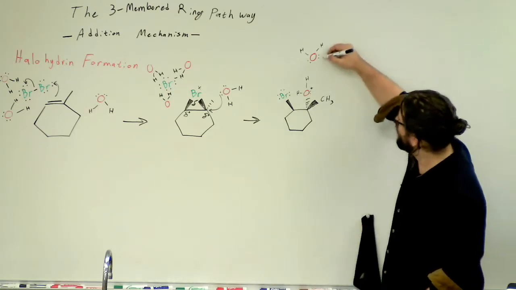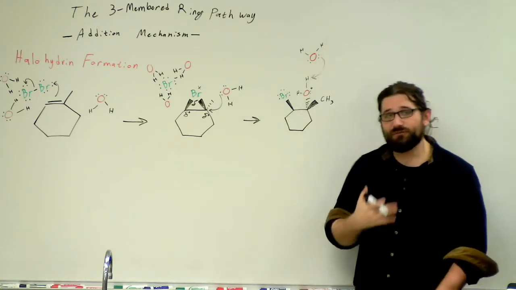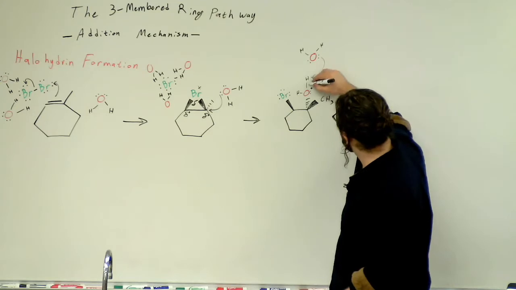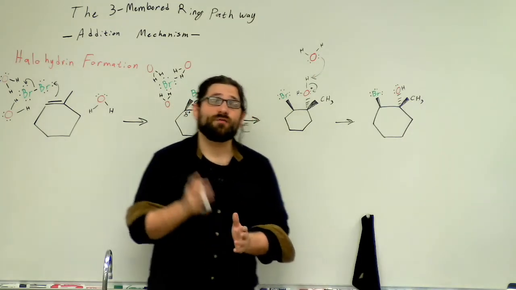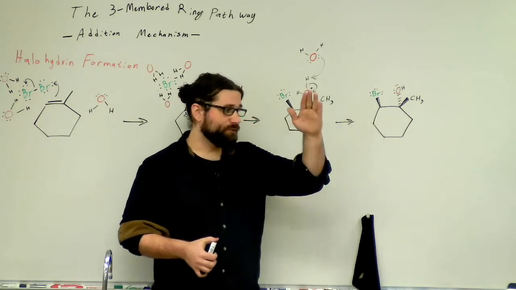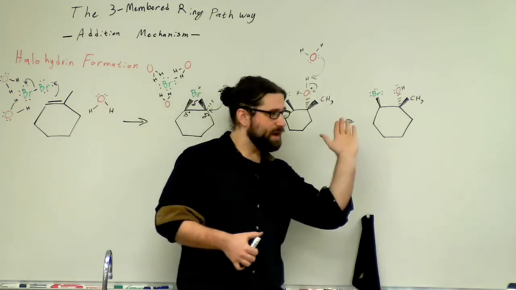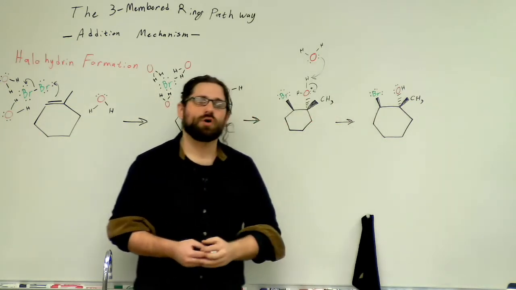And so another water molecule is going to come along, take away a hydrogen, and we're going to be left with an alcohol. So now we've got our final product. Keeping in mind, we've got our bromine facing forward, our alcohol facing backwards, and we still have our methyl group, which is now forced to face forwards.